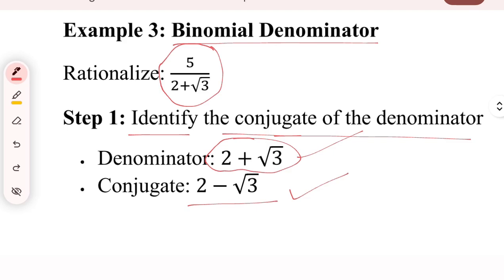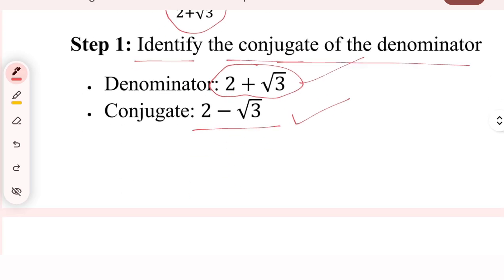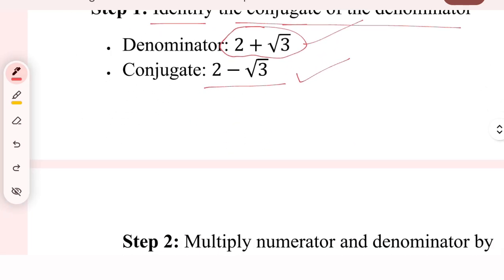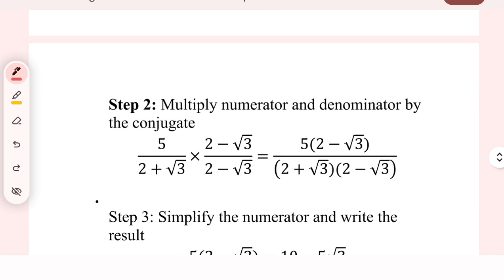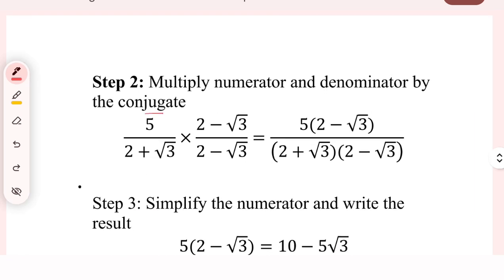So if you have 2 plus, the conjugate must be 2 minus. So what happens if you multiply it with 2 minus? Let's do it here. This is the given one, so we will now multiply by 2 minus square root of 3.